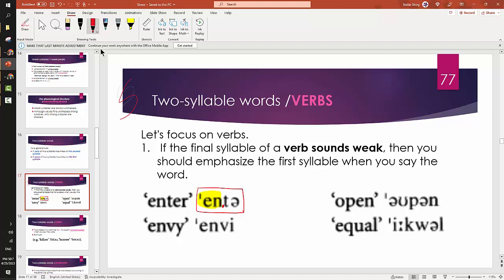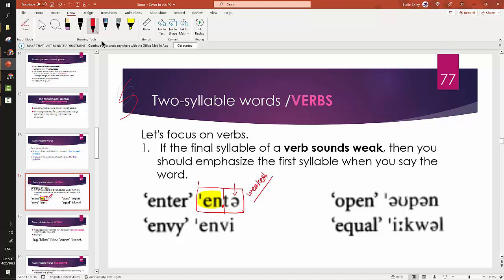But we have to look at the peak. The peak of our second syllable is the schwa sound. The schwa sound is the weakest, so we cannot stress it. We cannot stress a weak syllable. So we will stress the first syllable. Get it?